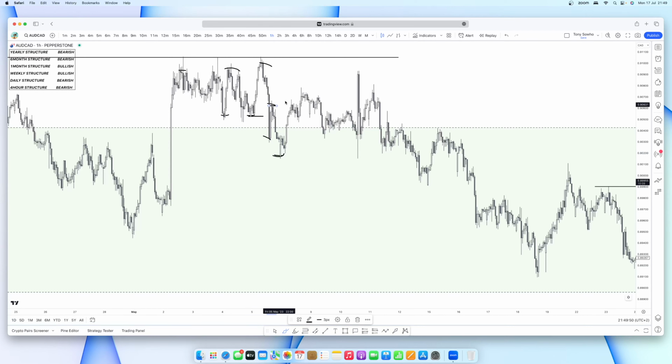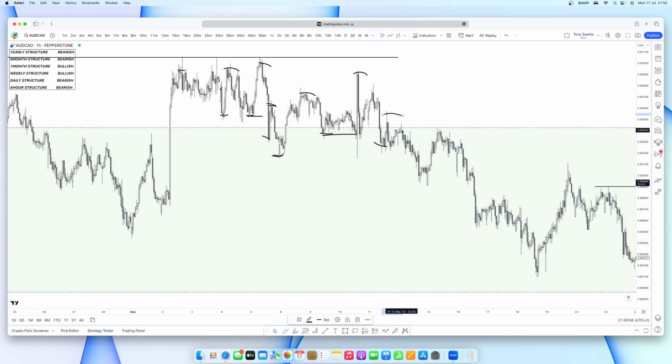It broke the structure again, gave us a higher high and a higher low, then broke the structure again to the downside, giving us this low. Price went all the way to the upside, giving us a lower high, and then all the way to the downside. So from what we can see, price is bearish. Now, I told you a mitigation candle is a candle that runs liquidity. What type of liquidity is this?